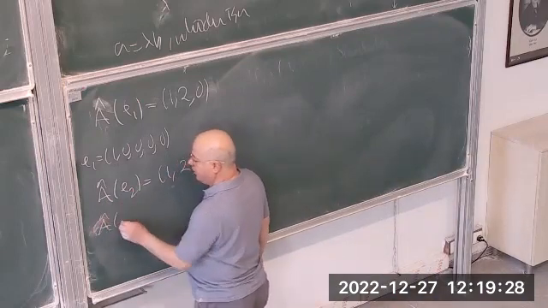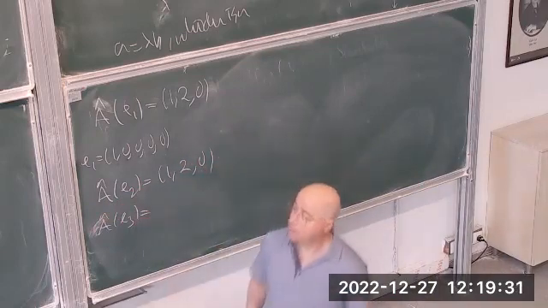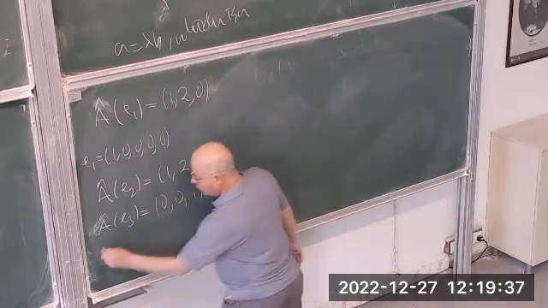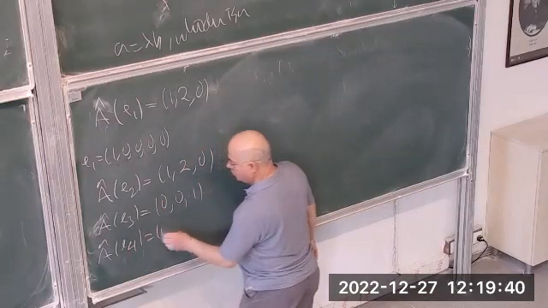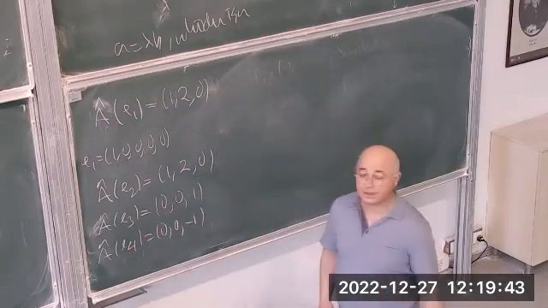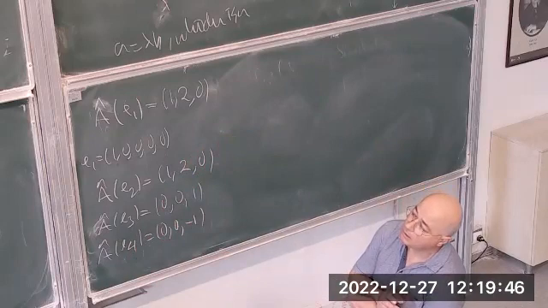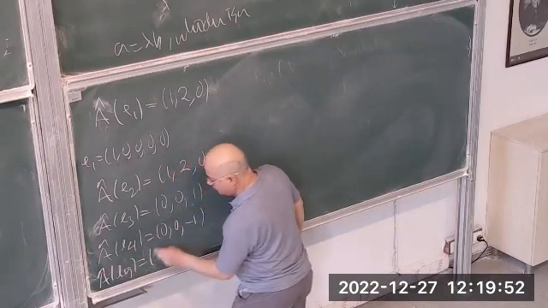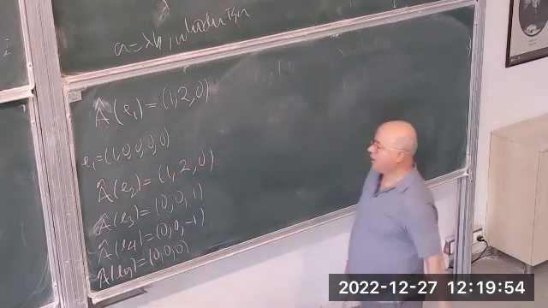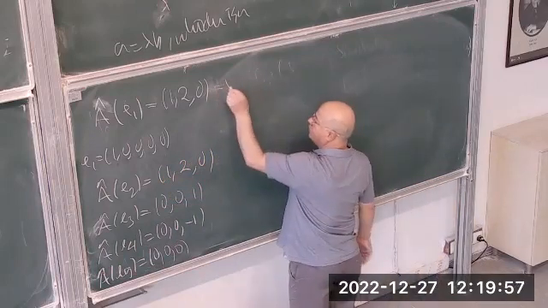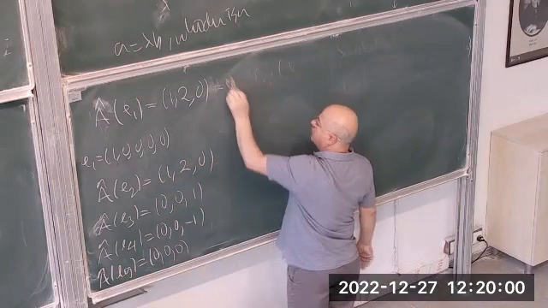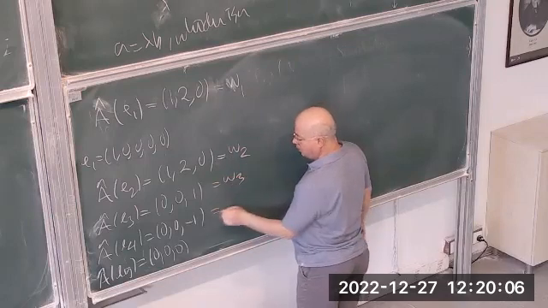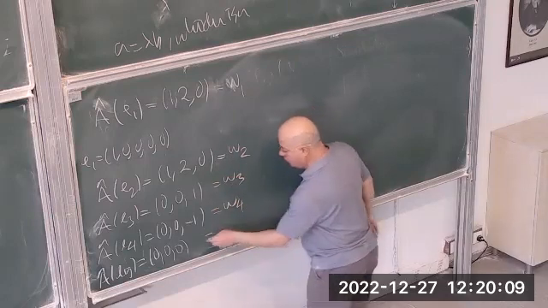What about E3? (0, 0, 1). What about E4? (0, 0, minus 1), right? And E5, (0, 0, 0). Okay. Now I can call this vector, for example, W1. This one W2, this one W3, W4, and this is just 0.